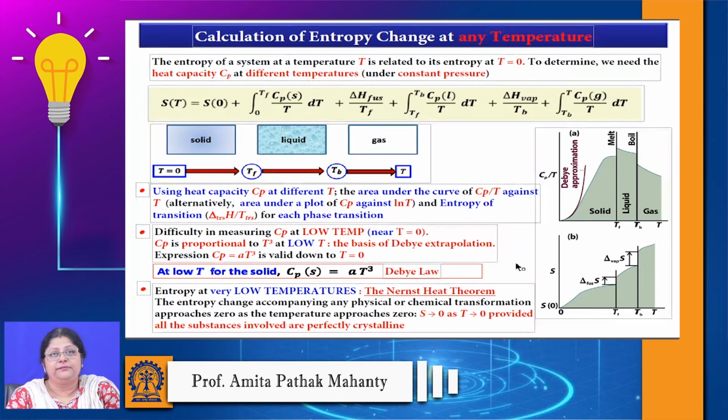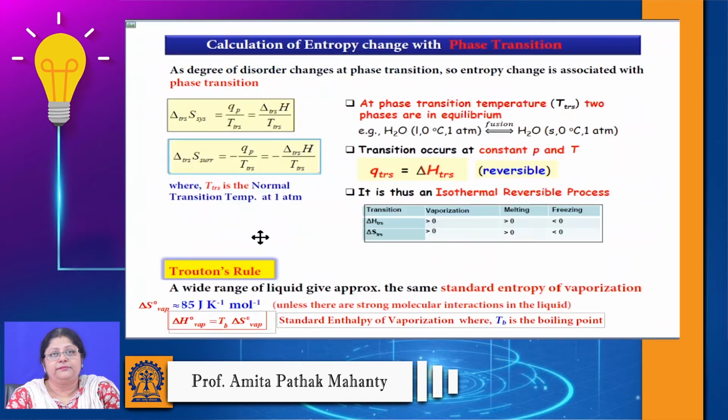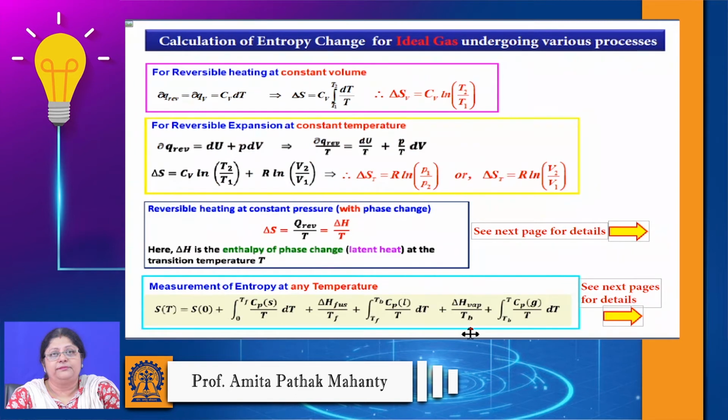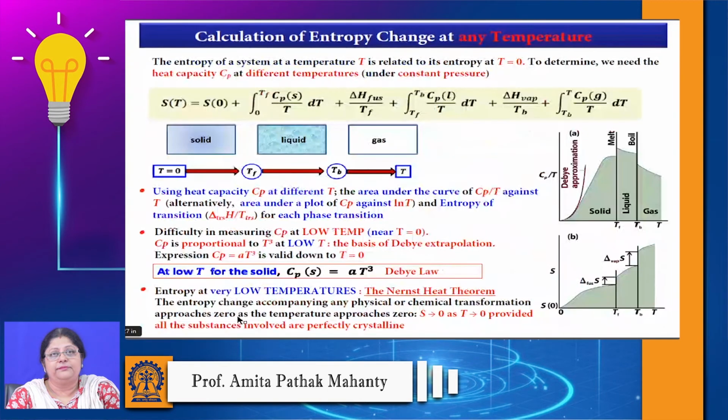So we can understand that the entropy change of a system at a given temperature is related to the entropy at T equal to 0, if I have to compute from 0. You see this in this expression. I am using the general expression here, which applies when you are starting from an initial temperature of 0.